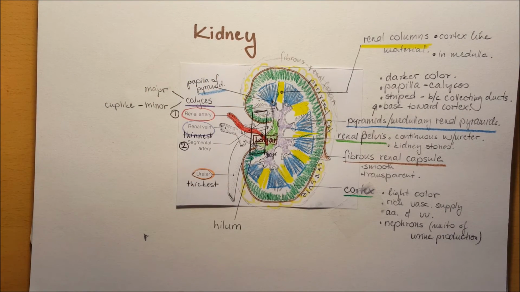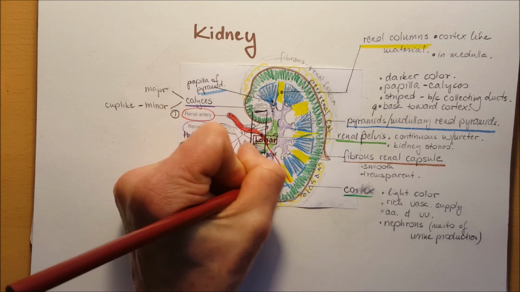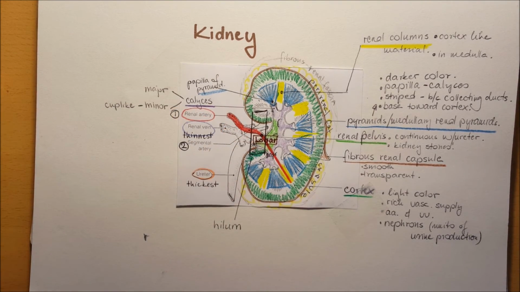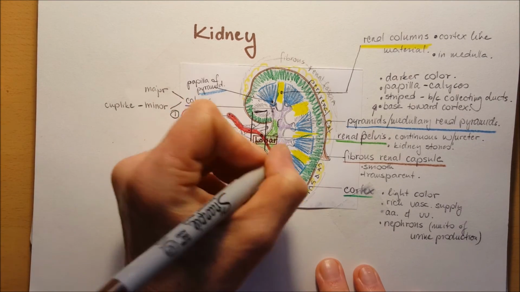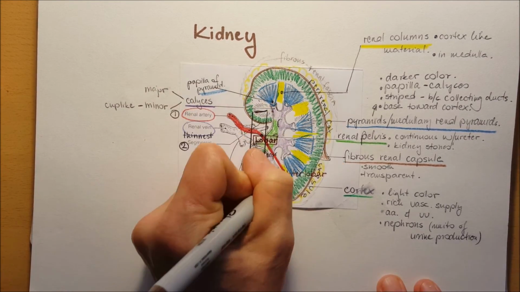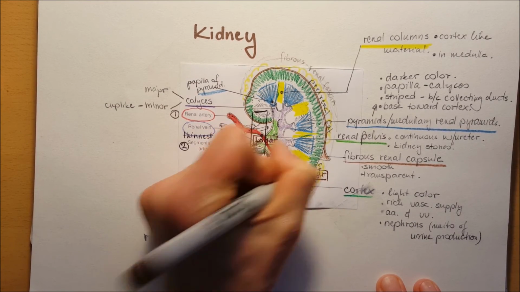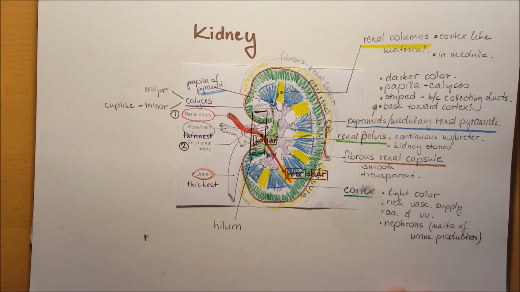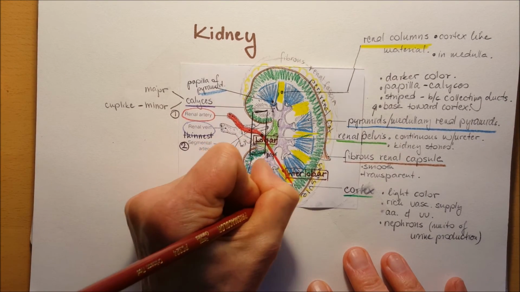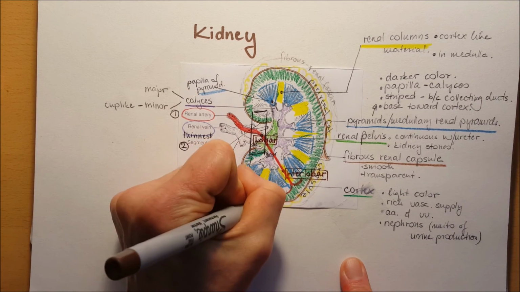The lobar artery is going to divide up again into interlobar artery. Interlobar artery goes between the pyramids in the renal columns, and going to divide up at the cortex and medullary region into arcuate arteries.